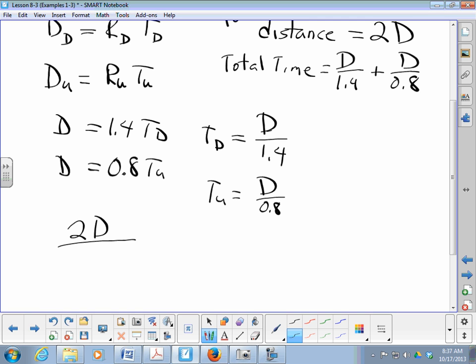And so we've got D over 1.4 plus D over 0.8. So we need to simplify this complex fraction. Problem was getting there, right?